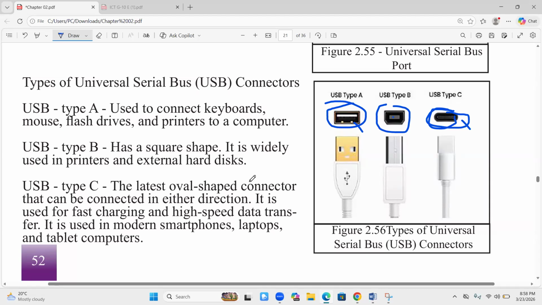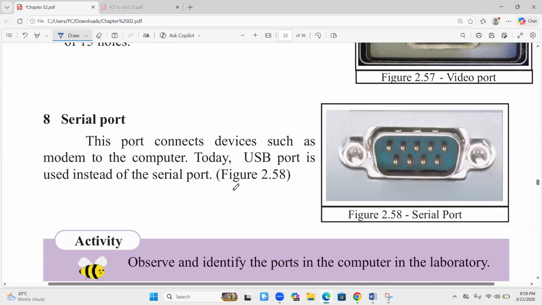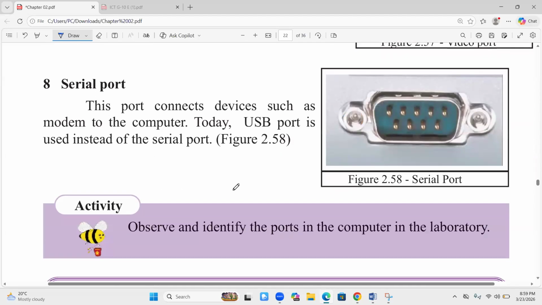And the seventh one is a video port, or VGA, video graphic adapter. This one is used to connect monitor, multimedia projector, and also other visual devices. And the eighth one is serial port, right?